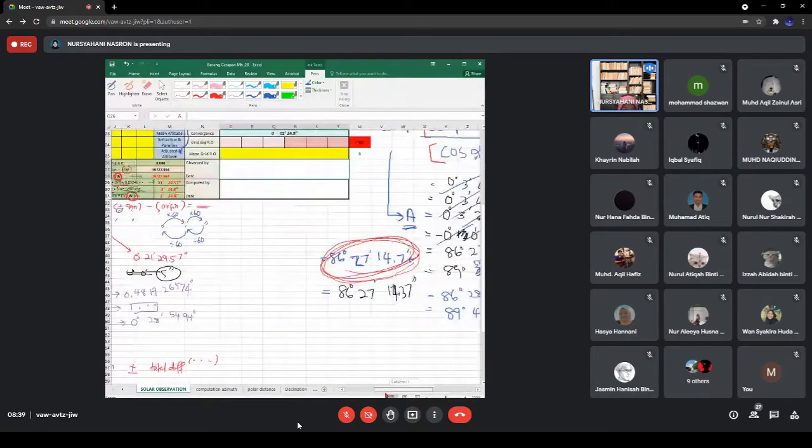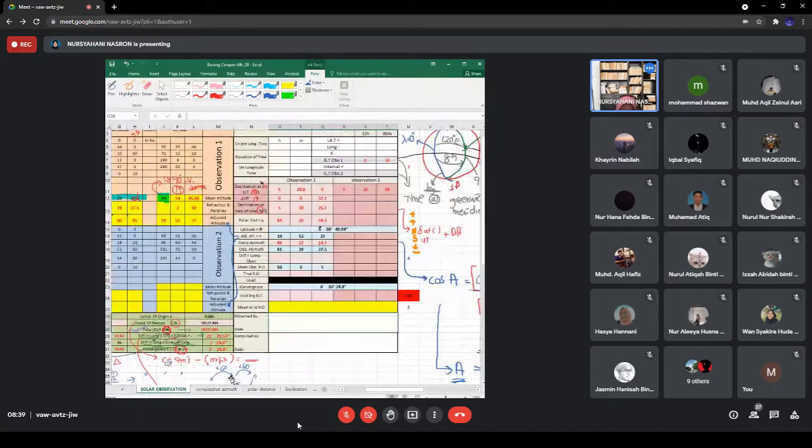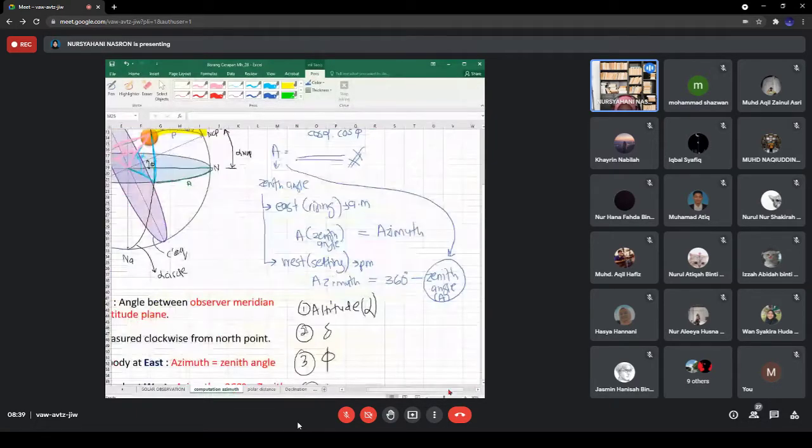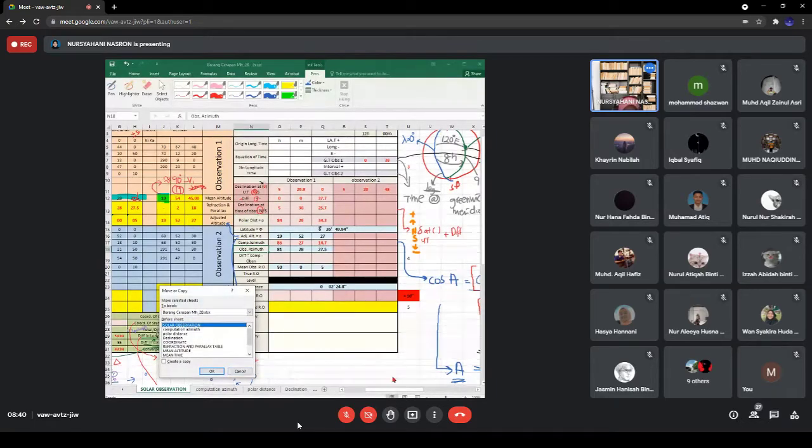Okay, this is computation azimuth. I want to show what is the difference between computation azimuth and observation azimuth.